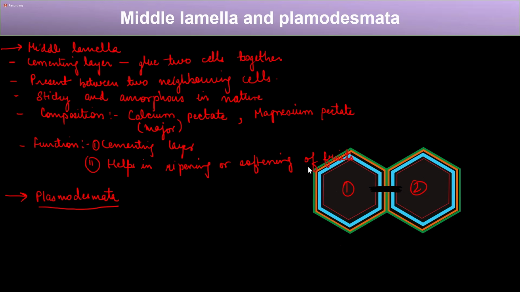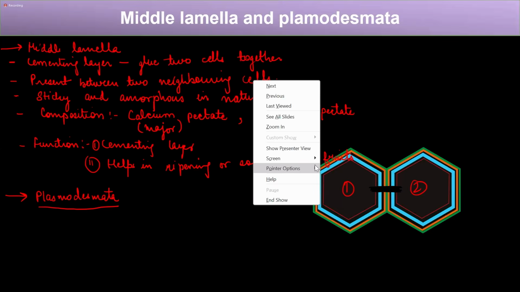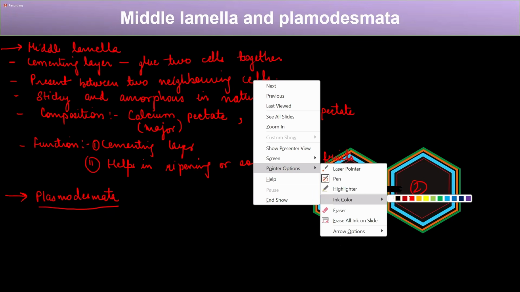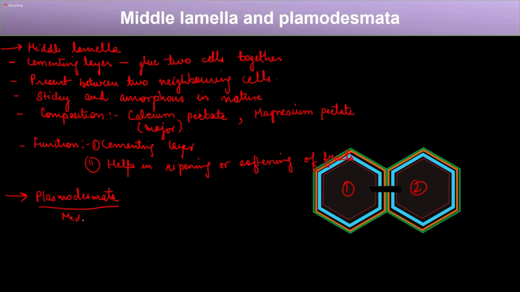So what is plasmodesmata? It is a region where the middle lamella is absent. You can write, middle lamella is absent. That is the first thing. Now the second thing, what it is doing. The cytoplasmic content from this cell and this cell are now connected together, right?